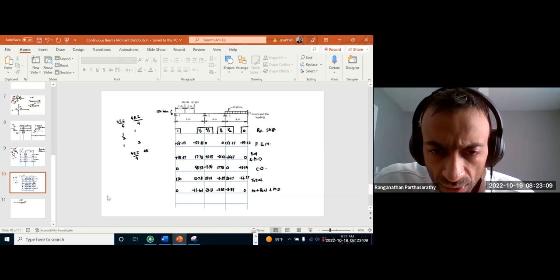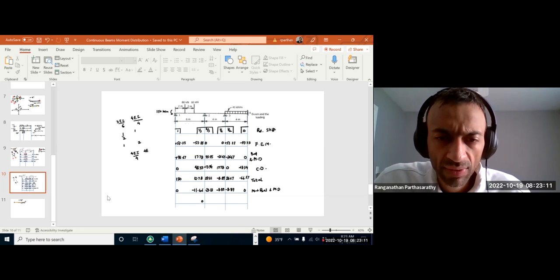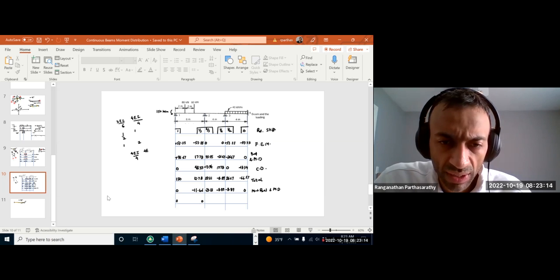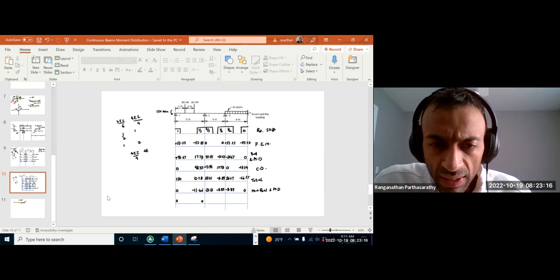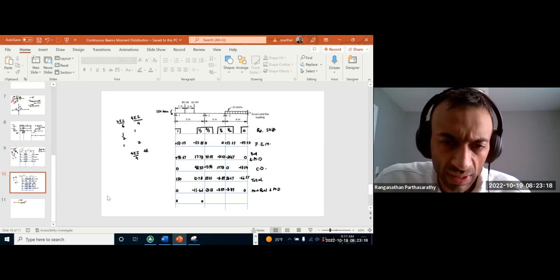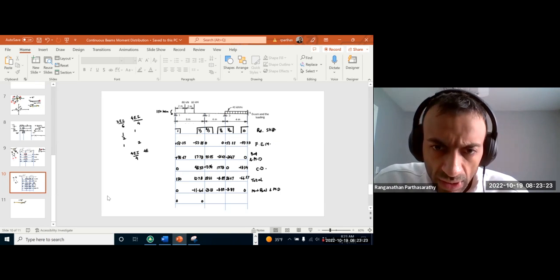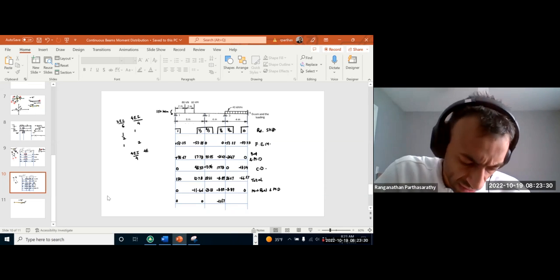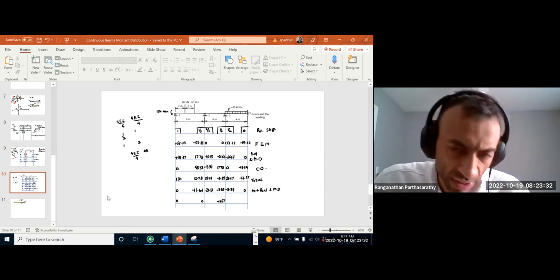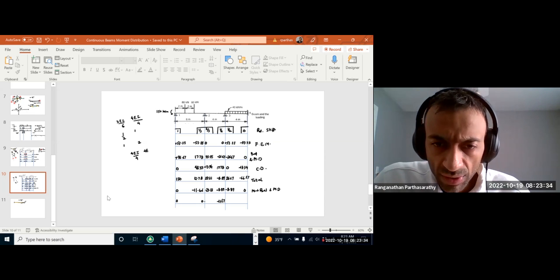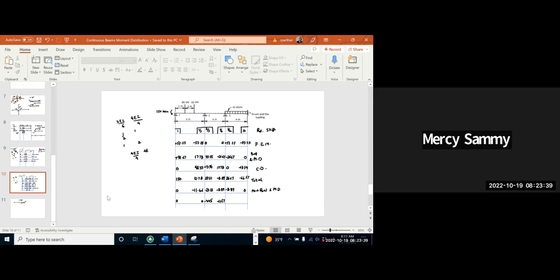So 0 carryover here. We applied negative 11.66, but no carryover. We applied negative 23.33, half of that will carry over. So that is negative 11.67. We applied negative 8.89, half of that will carry over. So negative 4.45. And then 0 and negative 4.45.